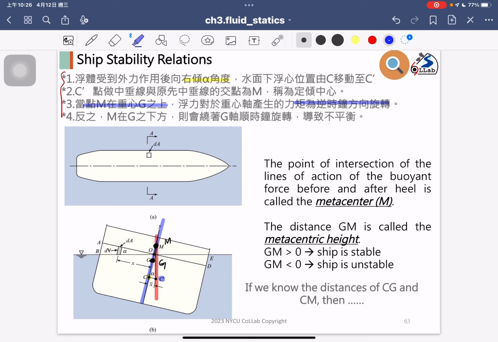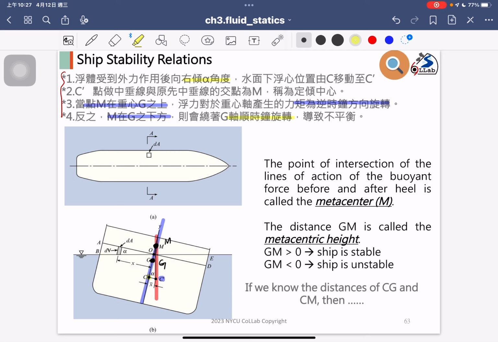Okay, so in the third step, what I would like to say is we just consider the different locations of the G and M points, and we can predict the stability. And in the final step, in other words, the different condition is M beneath the G point, and then the ship will rotate clockwise.